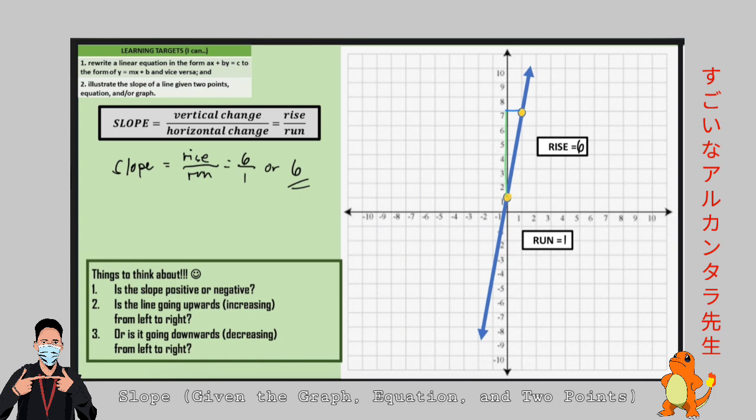If you look at the guide questions below, it's asking us, is the slope positive or negative? It's pretty straightforward in here that our slope is indeed positive. Now, as you can notice, there's a question: is the line going upwards from left to right, or is it going downwards from left to right? We only have two sides here.